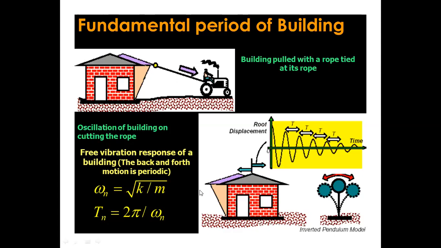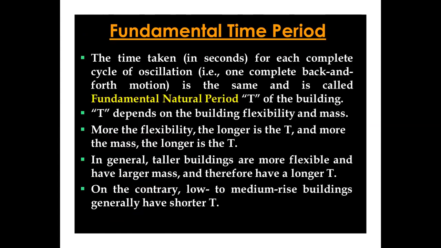You should have already learned these terms in earlier semesters, right? The time taken in seconds for each complete cycle of oscillation, for example one complete back and forth motion, is called the fundamental natural period T of the building. T depends on the building flexibility and mass.